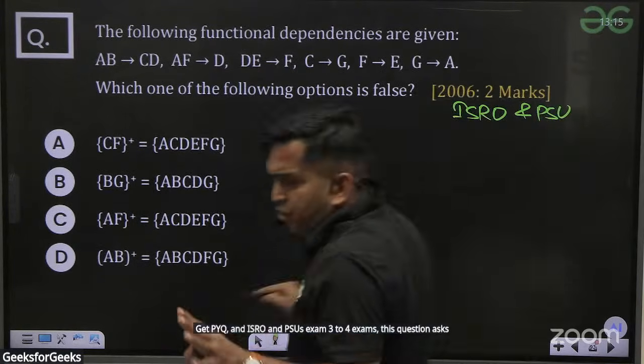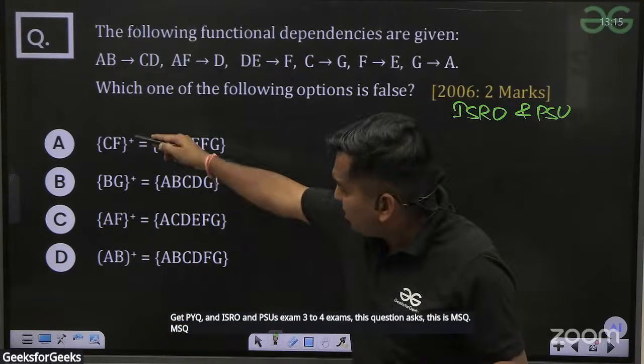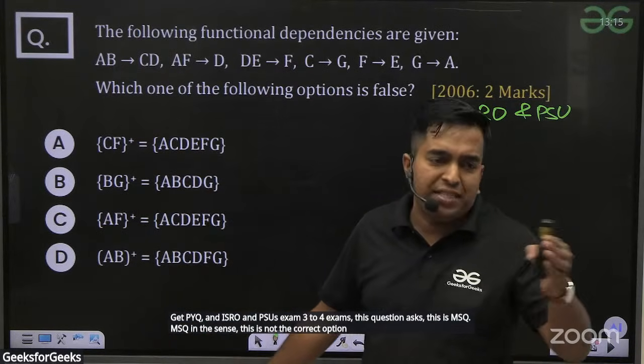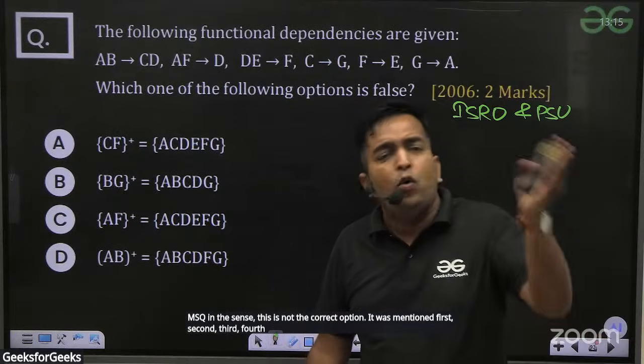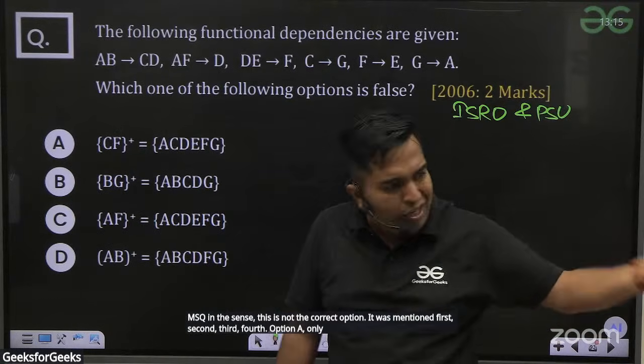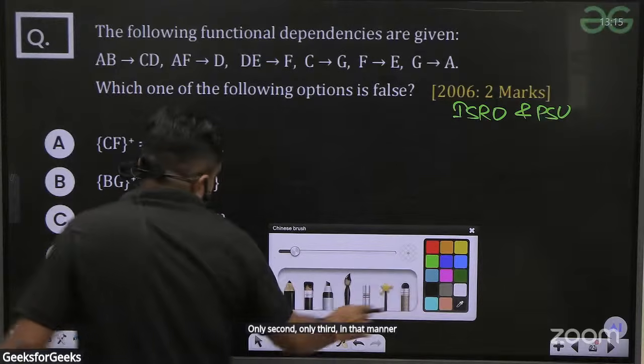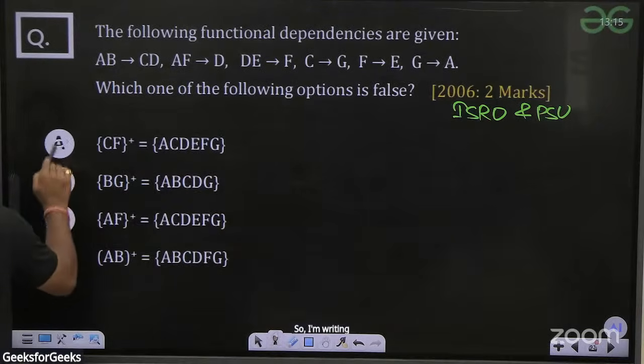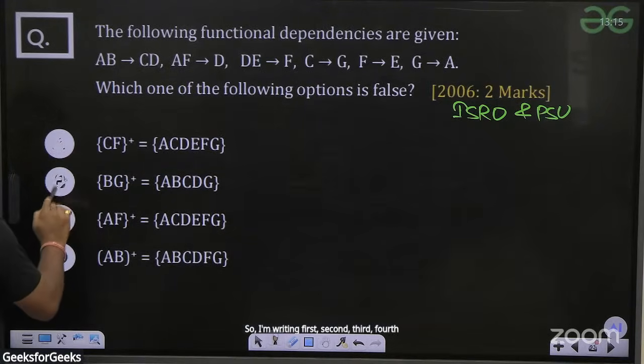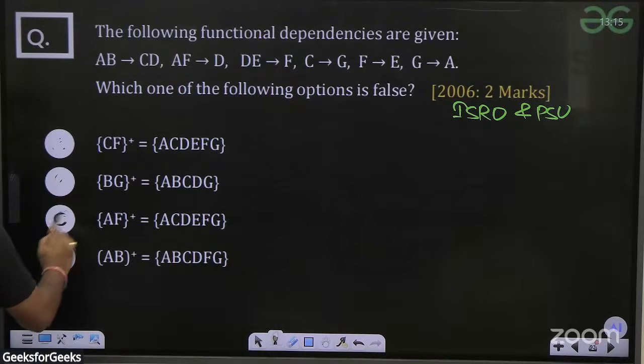This is MSQ in the sense that this is not the correct option. It was mentioned first, second, third, fourth. Option A only first, only second, only third, in that manner. So I'm writing first, second, third, fourth, and I make it MSQ.